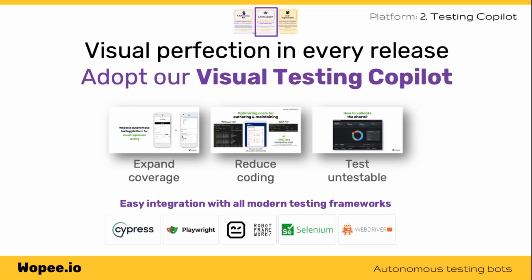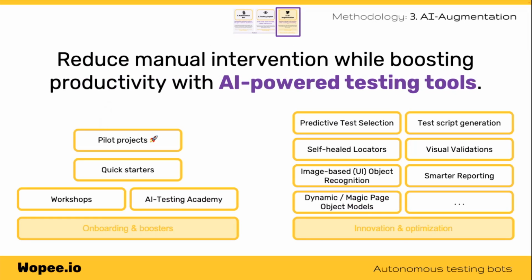So if you have any specific needs, or basically any image you need to compare, this is the right thing to go for in visual testing. And then, as I said, there is a third pillar.